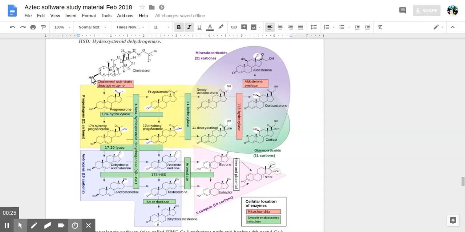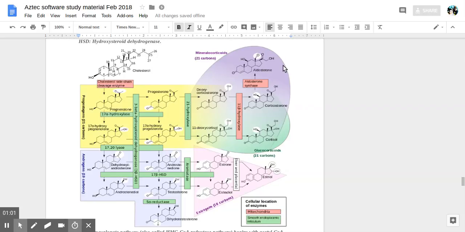So, starting out with cholesterol molecules, cleaving of side chains via enzymes: hydrogenase, dehydrogenase, hydroxylase. So various enzymes are used to produce the different steroid molecules.